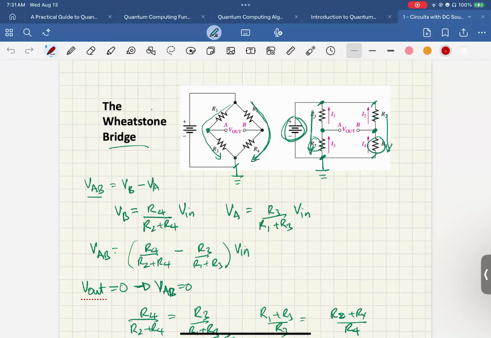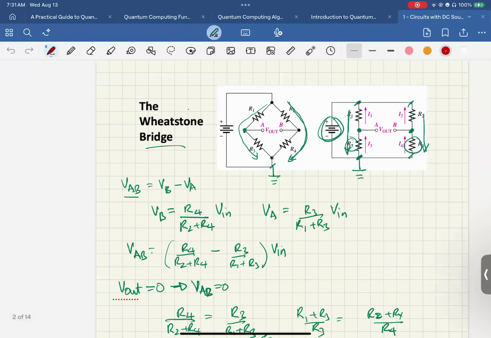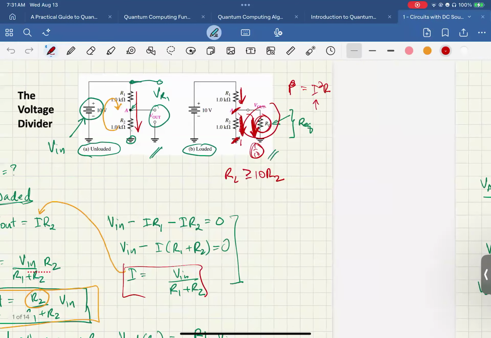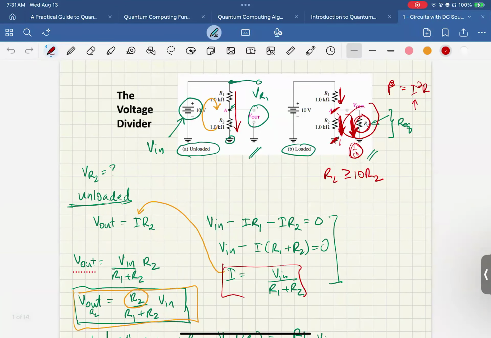And discuss natin itong mga circuits na to kasi these are fundamental circuits. These are basic circuits na makikita nyo sa mga advanced na circuits na pag-aaralan din natin later. Okay, but in general, in any advanced circuits, yung voltage divider circuit is really fundamental.